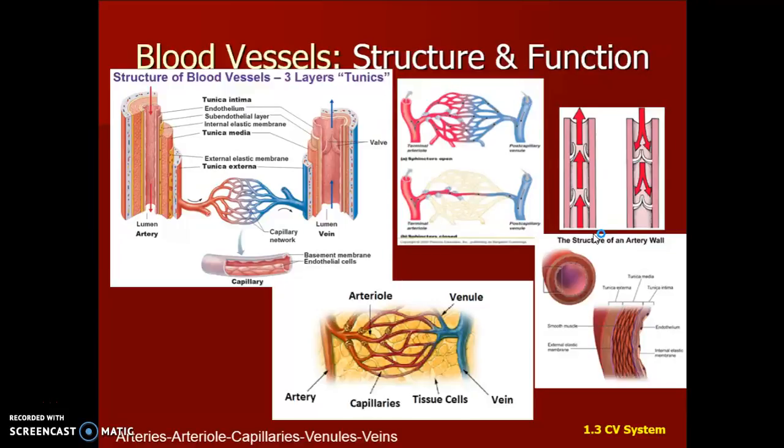They have the smallest diameter, and they're drained by venules. Despite the thin cell walls, there is a large surface area for capillaries, as there are so many, because the gas exchange will be able to happen over a greater surface area, which makes it easier for this process to happen.